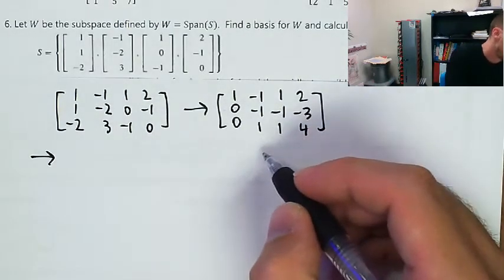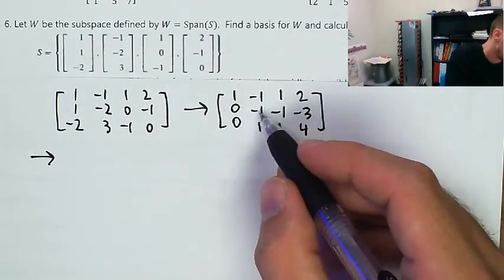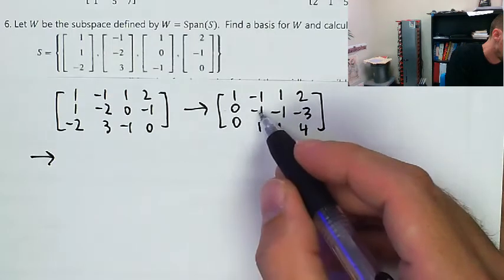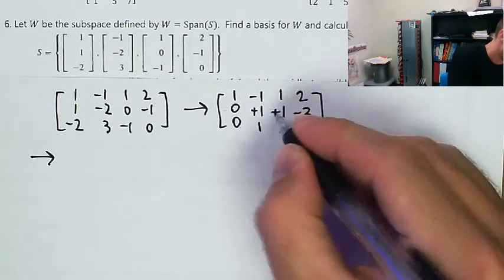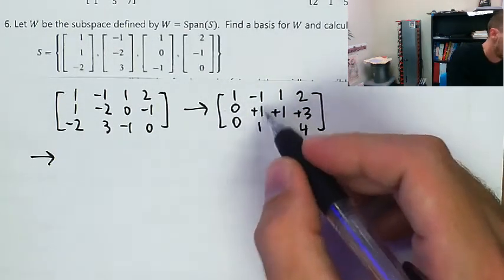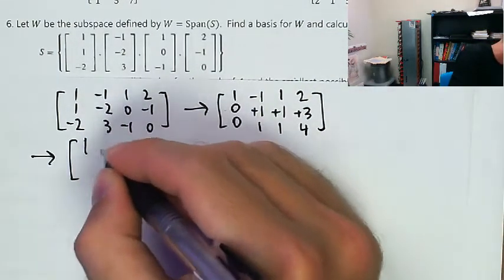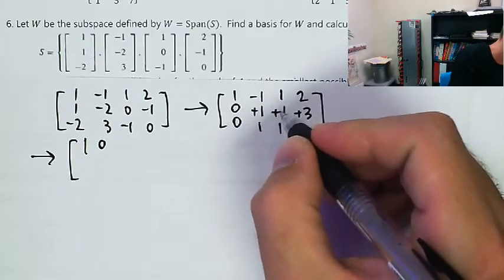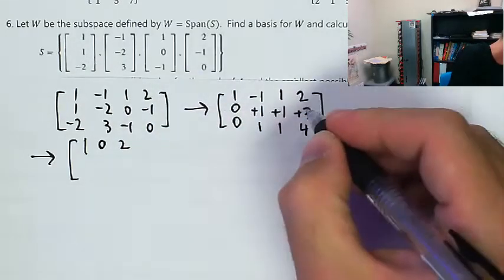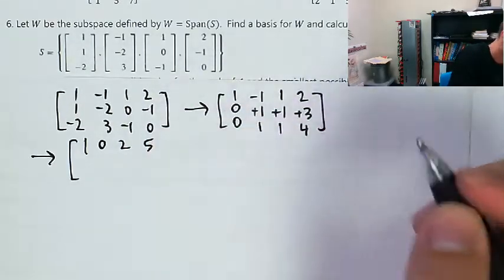Now I'm going to make these all positive. Add that there, subtract it from here. I'm adding row 2 to row 3, so that's going to be a 2, and that's going to be 5.